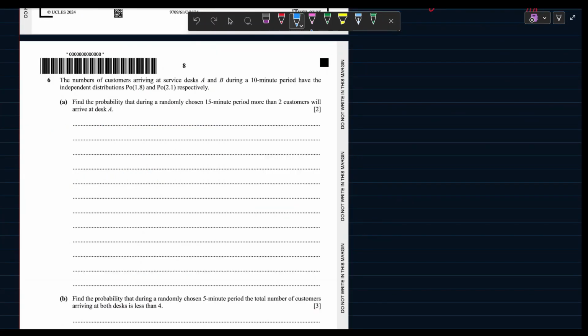Number 6. The numbers of customers arriving at service desks A and B during a 10-minute period have the independent distributions Poisson with lambda 1.8 and Poisson with lambda 2.1 respectively.